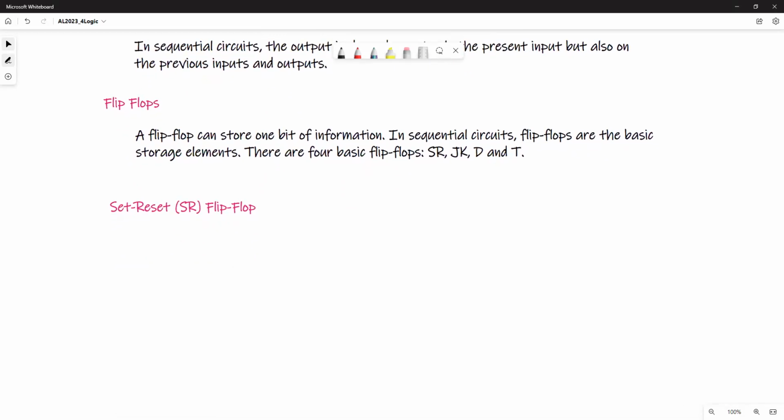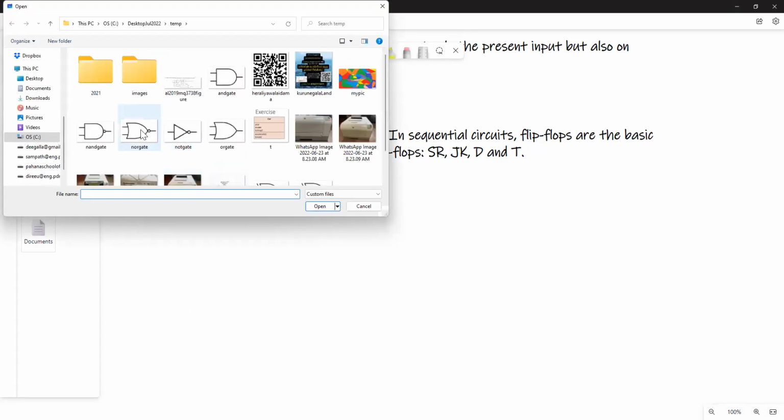Now that we have discussed set reset, what we have here is two NOR gates that could be used. So first of all, let me draw the circuit. Let me have two NOR gates.